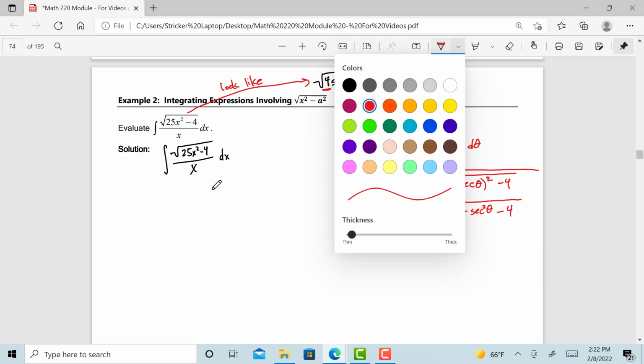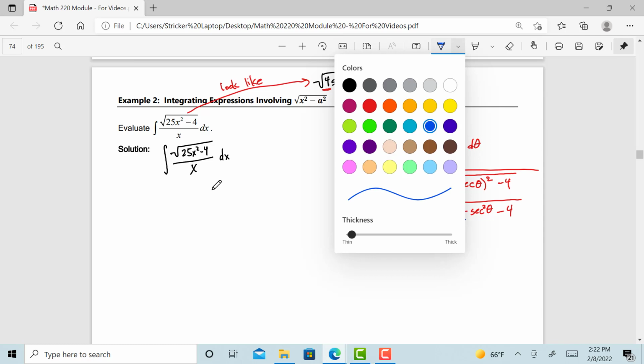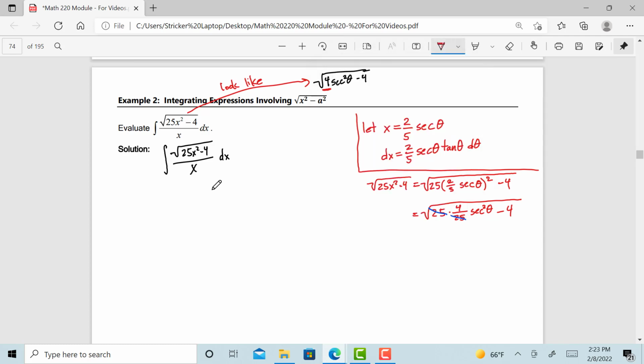And then the nice thing that happens here is that the 25s cancel. And that's what I was talking about before, which is going to give us the square root of 4 secant squared theta minus 4. And now, of course, we can factor out the 4.